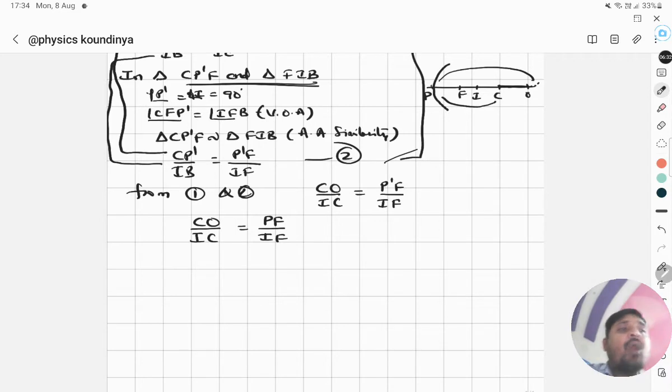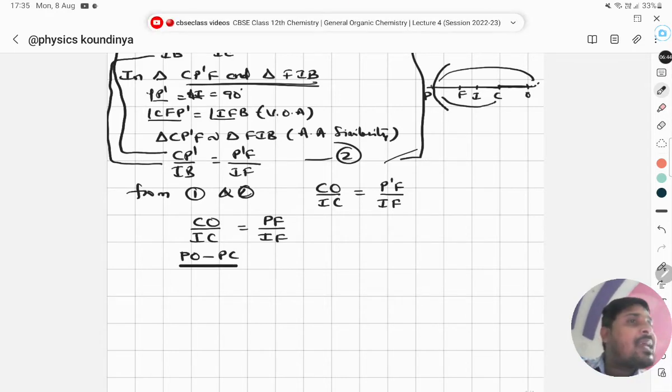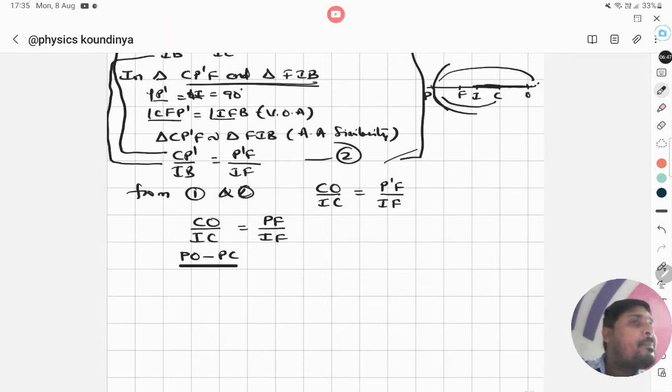Because distances are always measured from the pole, everything should be written in the form of P. CO can be written as PO minus PC over IC. IC can be written as PC minus PI. PC minus PI is equal to PF.